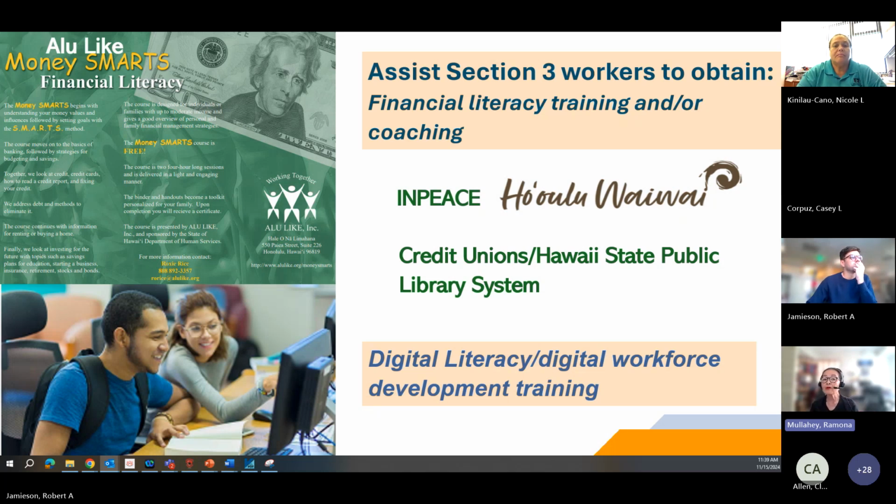As we know, most jobs, if not all jobs, require some degree of digital literacy skill. So the public library system is an excellent place to also do that. And what's good about that is that they are located in every county. So making these partnerships in advance can also help you to address the benchmarks.